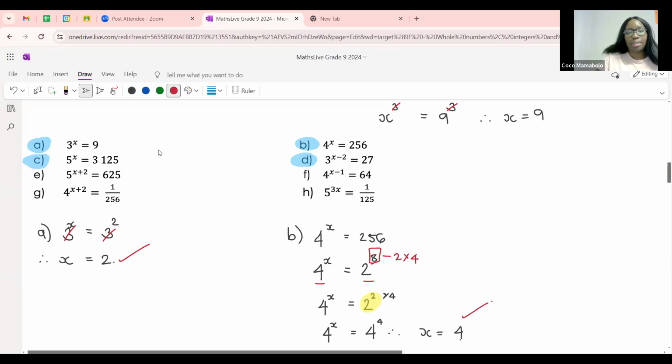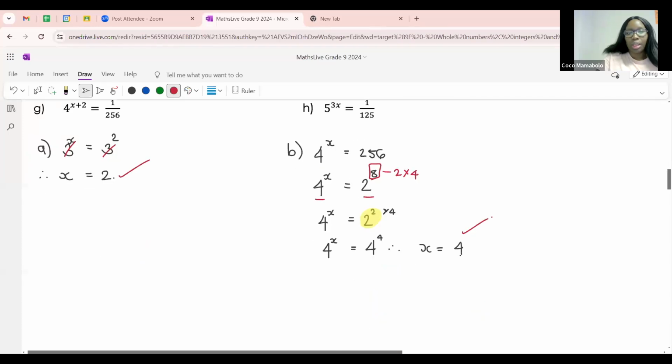Okay, let me see if I can maybe take a screenshot and move some of this down. There we go. Excellent. Okay, I'm going to take these two and I'm going to drop them down here.